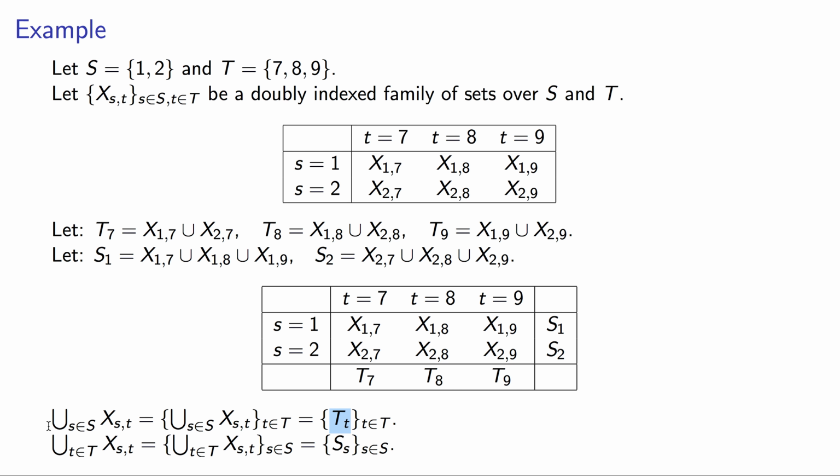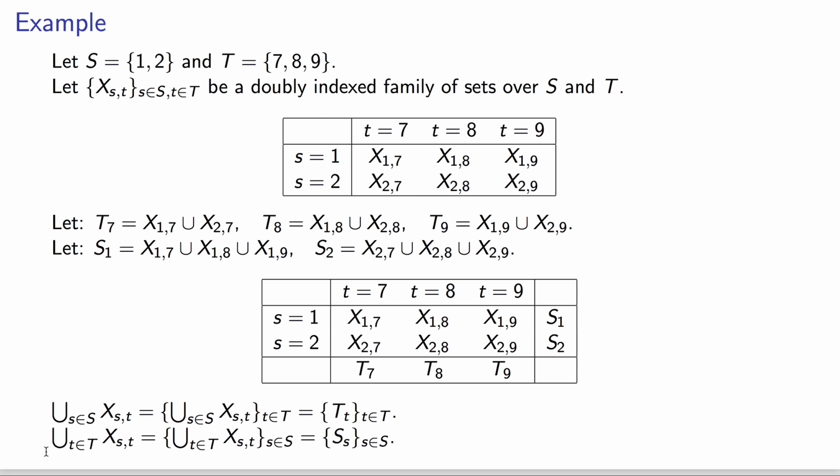So the result of taking this union is the singly indexed family T sub t with t in capital T. Similarly, if I take the union of this doubly indexed family on the second index, I will get the singly indexed family S sub s with s in capital S.